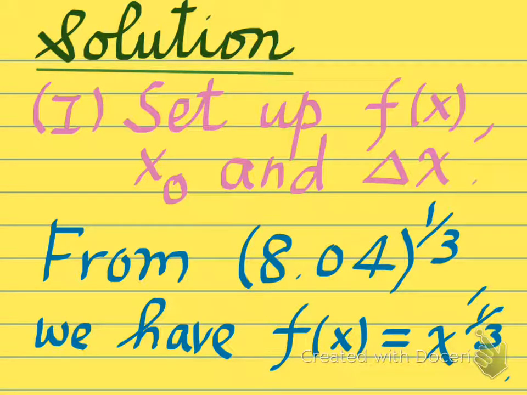To solve it, firstly, we have to set up choices for each of f of x, x0, and delta x. From the 8.04 raised to power 1/3 given, we can have f of x equal to x raised to power 1/3. Guys, is it making sense?